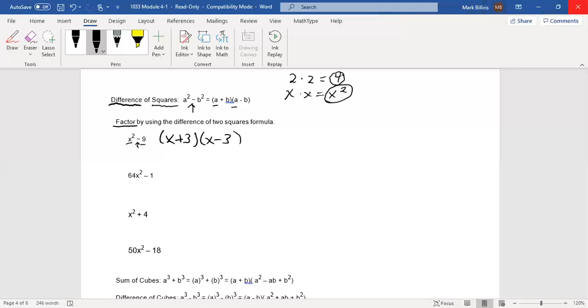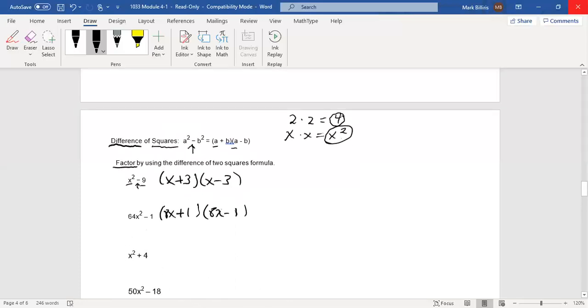And 1 is a perfect square because we can get that by multiplying 1 times 1. So again, we go directly into our factoring. We know that 8x times 8x gives us 64x squared. We know that 1 times 1 gives us 1. And we know one factor has to be positive and the other factor negative.